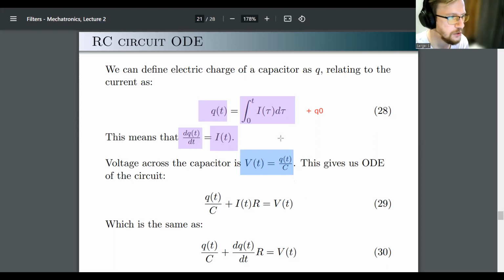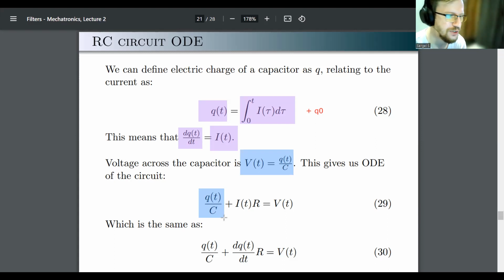With that, we can use Kirchhoff's voltage law to construct a differential equation. Remember, Kirchhoff's voltage law says that the sum of all voltages across a closed circuit should be equal to 0, where we conventionally imply that consumers of voltage have one sign and producers of voltage have a different sign.